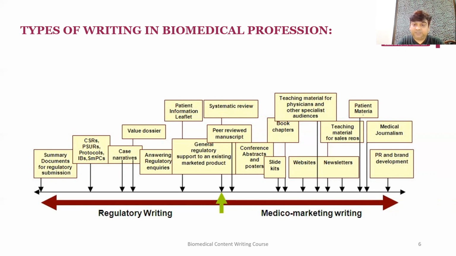And then teaching material for physicians or for your audience, maybe nurses or paramedics, or your students, or maybe patient groups. Then comes teaching material for sales reps. Sales reps are the people who are going to sell your medical product, and you have to develop the content for them so that, as non-medical people, they can understand what you want to say.